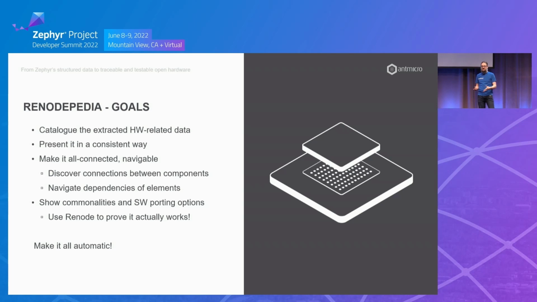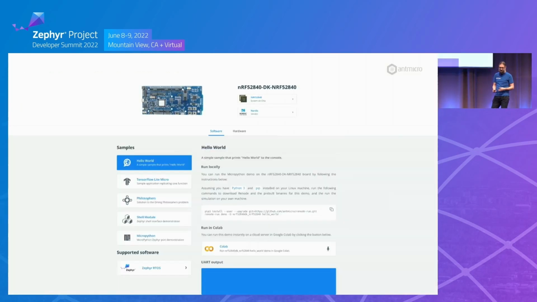And the cool thing is that since we also have Zephyr that we can use to build different kinds of demos and libraries, we can run that in simulation so that you don't only get hardware data, it's not just something you can browse. It's also software that you can really run, and this has been tested so that you can just go and see for yourself on your own computer. And of course, the important thing was that we don't have to hand code everything, that we can automate this process.